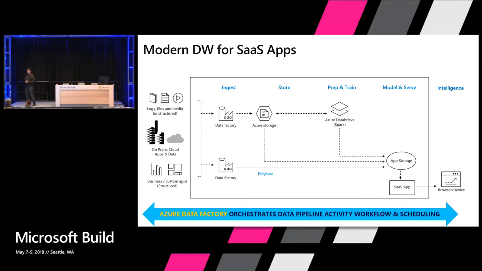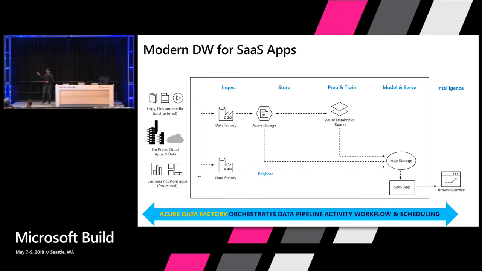So basically data of various forms and shapes, and again, loading into storage, cooking the data, prepping the data, transforming the data, and loading your app storage. So instead of the data warehouse, it is loading the app storage, which is the backend for your SaaS apps, and the customers are rendering those SaaS apps in browser or in a mobile device using iOS apps or whatever.